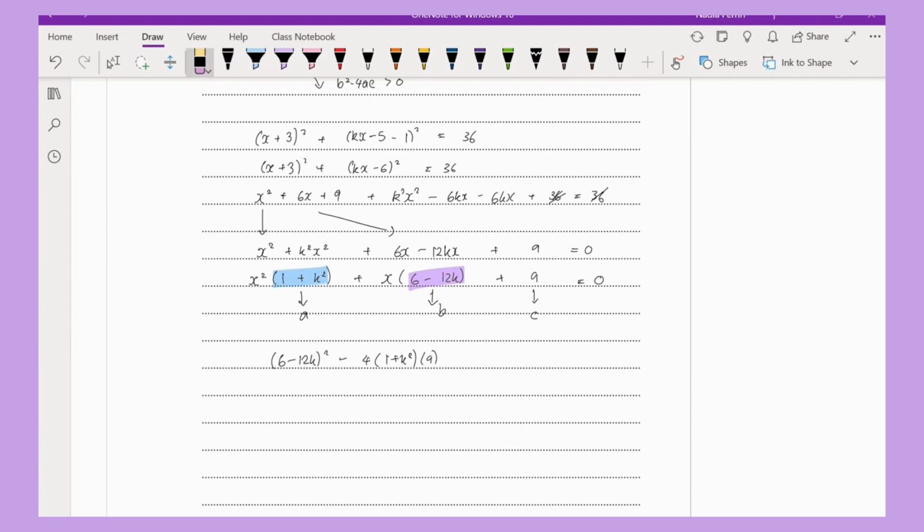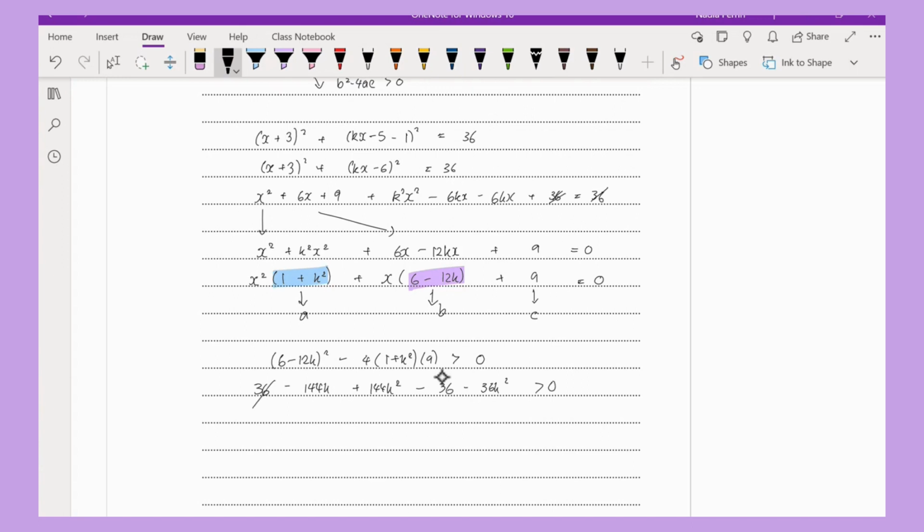And we're saying that b squared minus 4ac should be greater than 0 in order for it to have 2 distinct points. Expanding this one, we're going to get 36 minus 144k plus 144k squared. With this one, we've got minus 4 and 9, so we've got minus 36 and minus 36k squared.